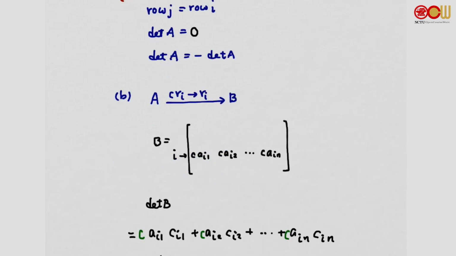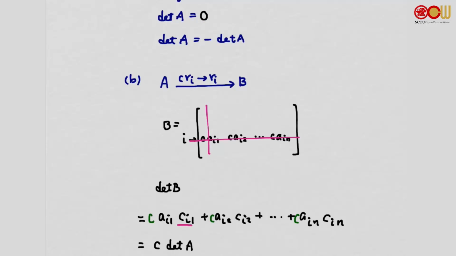So we do cofactor expansion along the ith row. Then we get C a_i1 and the cofactor C_i1. That's the same because after we remove this row and this column, the remaining submatrix is exactly the same as the submatrix of A. So this is the same as the cofactor of A, C_i1.